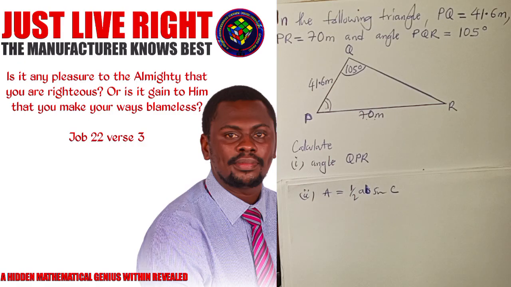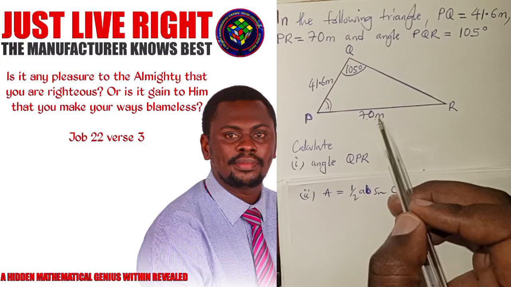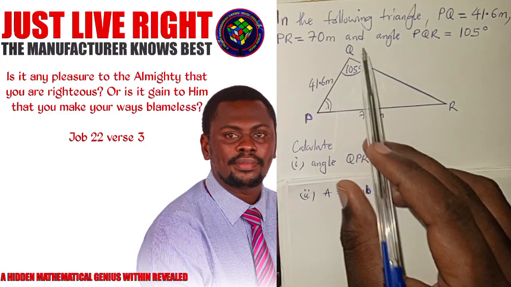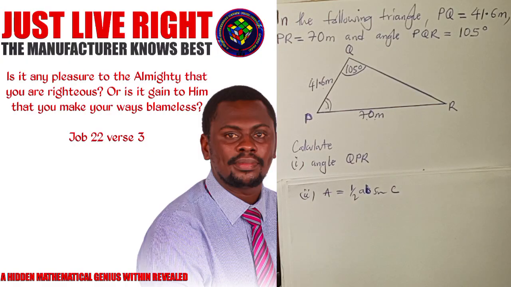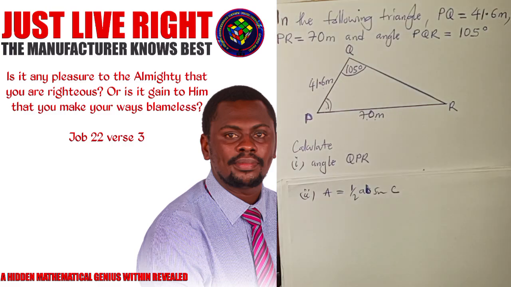Here we have these two sides, 41.6 and 70. The angle in between these two sides is the angle QPR, which is 40 degrees. So we are going to use these two sides, and the angle should be 40 degrees.